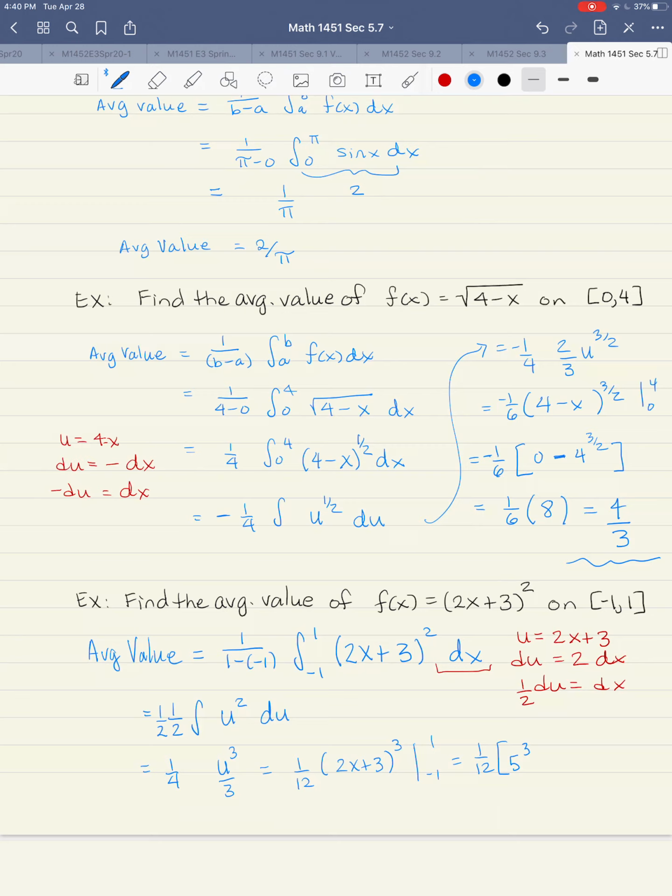Let's factor out the 1/12. 1 times 2 is 2, plus 3 is 5, so I have 5 cubed. -1 times 2 is -2, plus 3 is 1, so minus 1 cubed. 5 cubed is 125, minus 1 is 124. So we have 124 over 12. Looks like both of those are divisible by 4. How about 31 over 3?